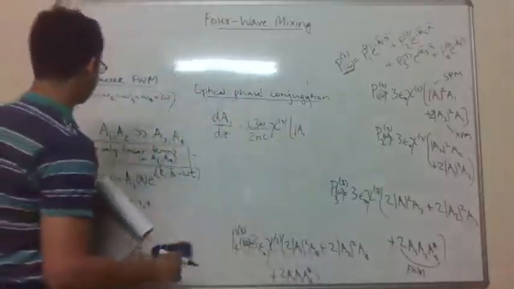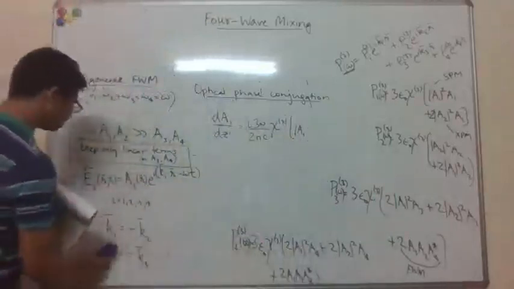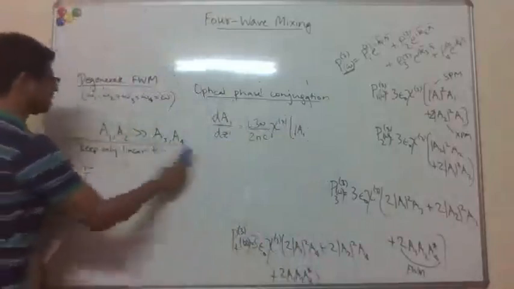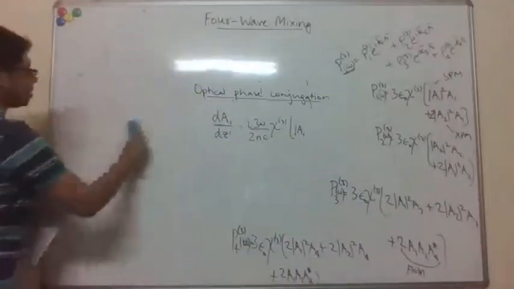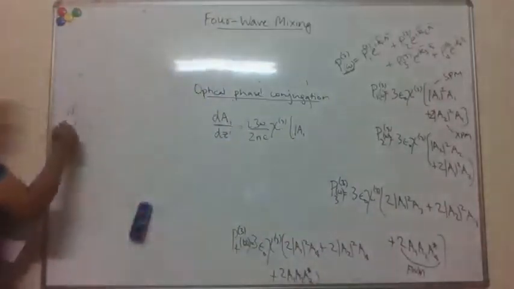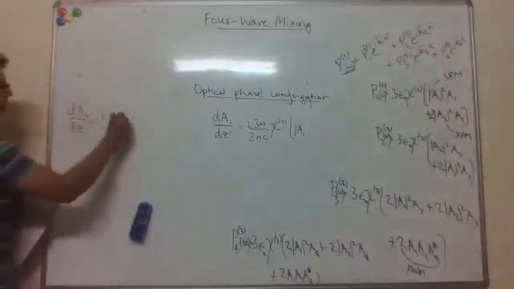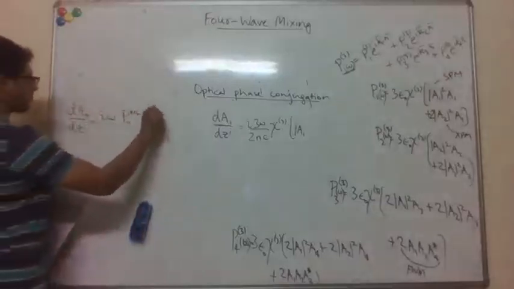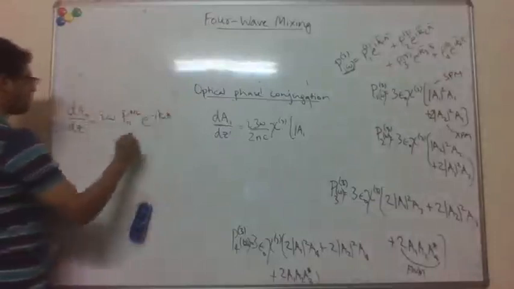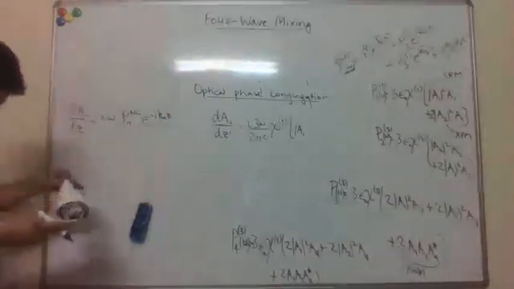To make it clear, let's write it out. If you recall, the canonical propagation equation was, with some constants here.